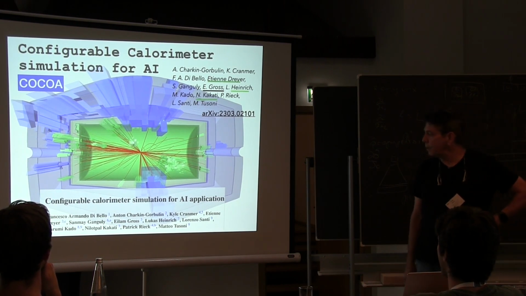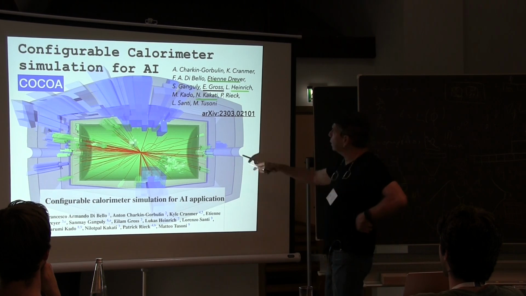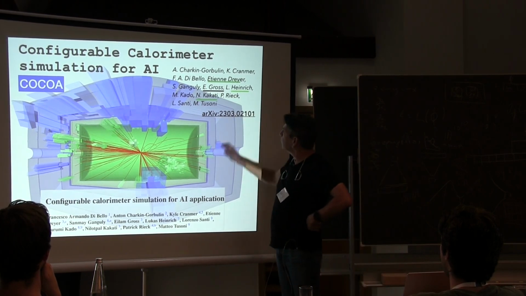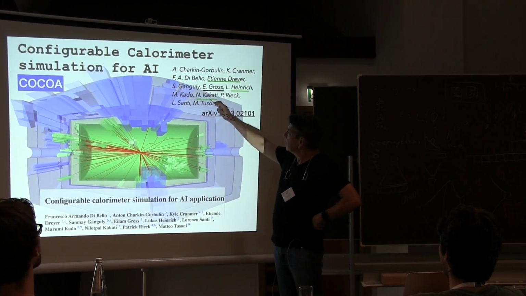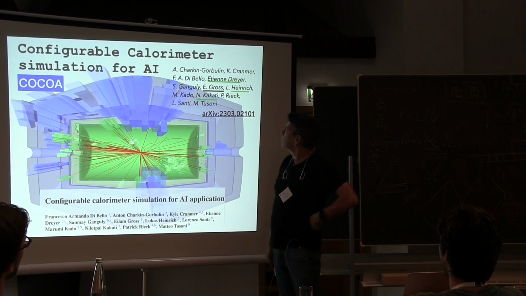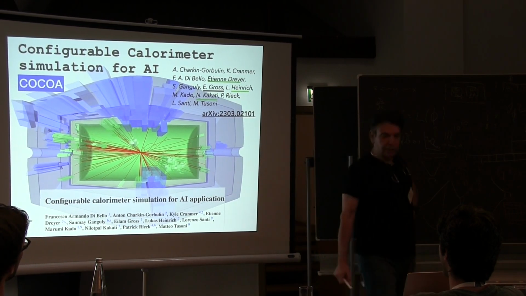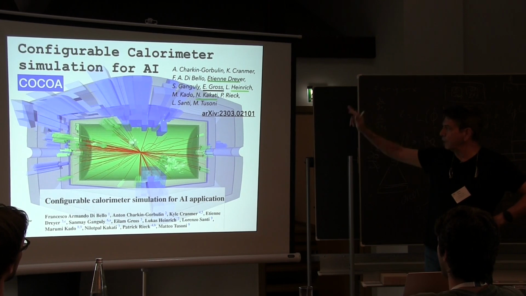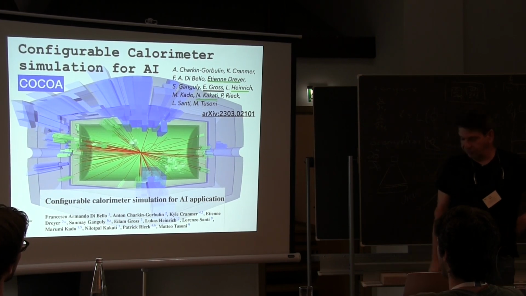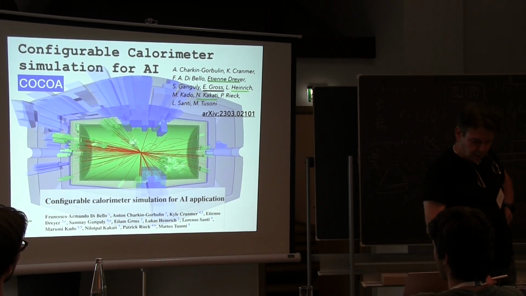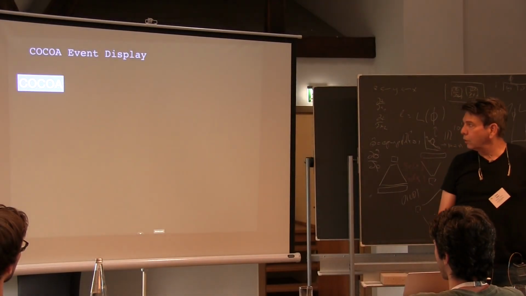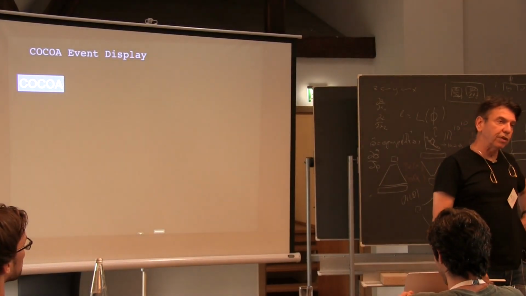This is the paper. As usual, you know Lucas, who is here, and you heard about my student and my postdoc. As you can see, it's a project of many, many people that worked many years on this. So what you're going to see now is a simulation of a collision with COCOA.